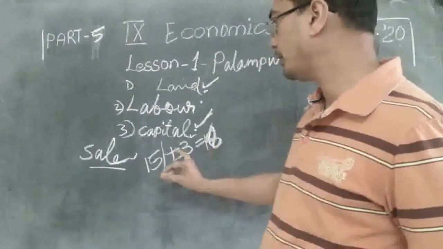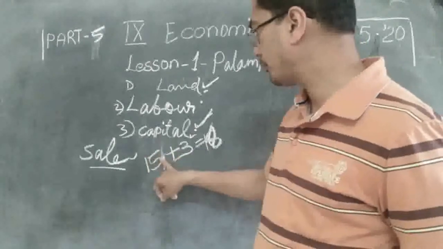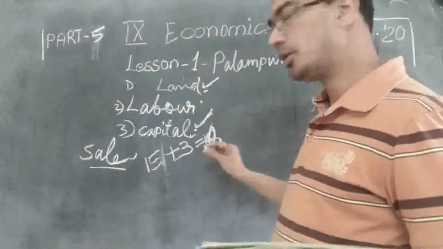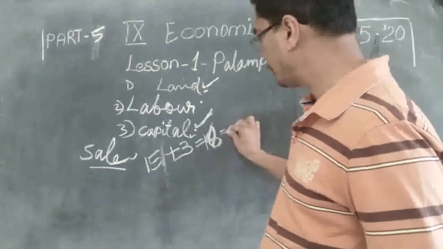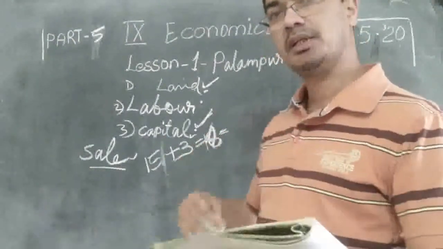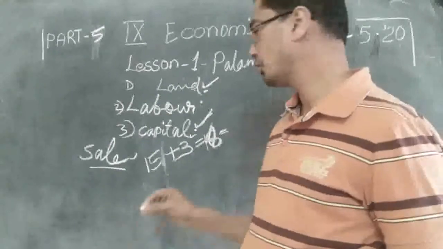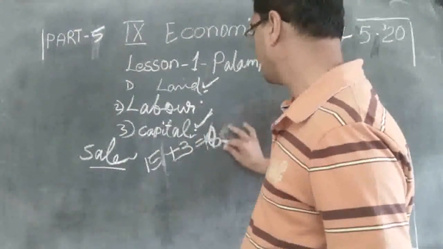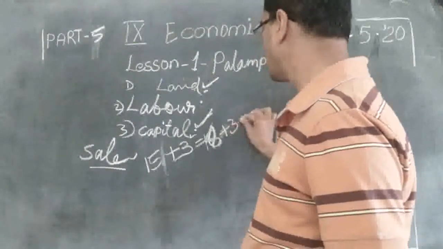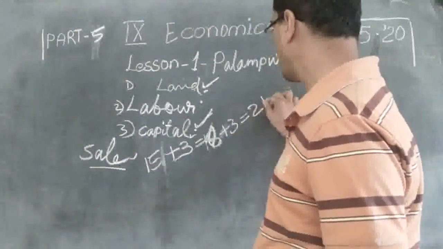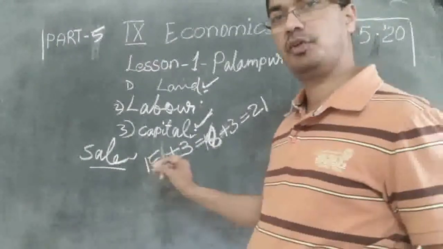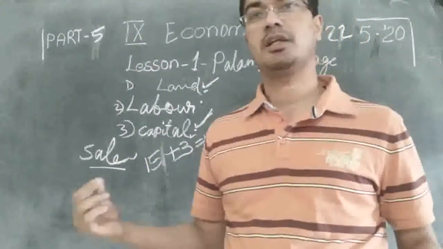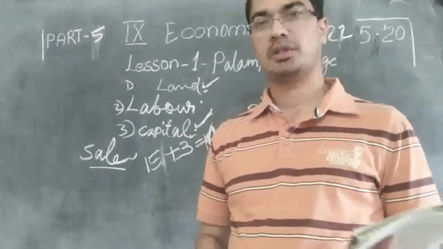The shopkeeper is buying the wheat from the businessman for 18 rupees. Then the shopkeeper will not sell it to the people for 18 rupees. He will need some more profit. So let us say he will increase it by 3 rupees and sell it to the people who want to buy wheat from his shop, for example, for 21 rupees.